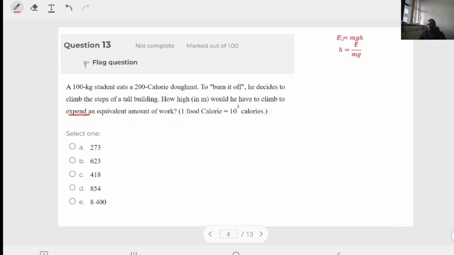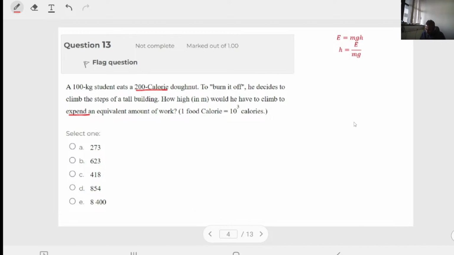But for me, it was easy. I just said the energy that this guy must spend must be equal to mgh, where this mgh is a potential energy because of climbing. Then the height he has to climb, therefore, is basically the energy that he took in, which is 200 calories, divided by mass times gravity.